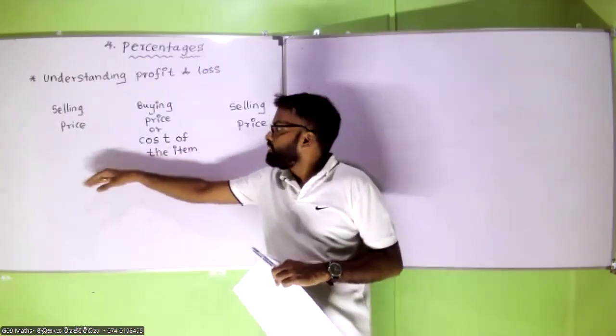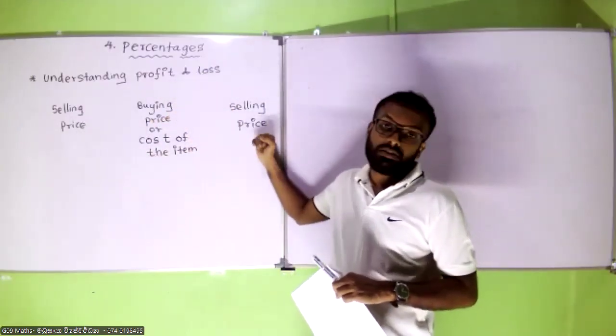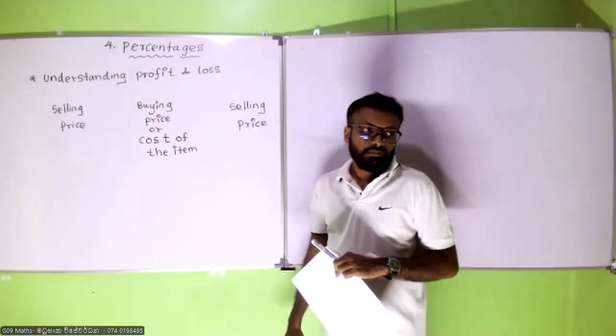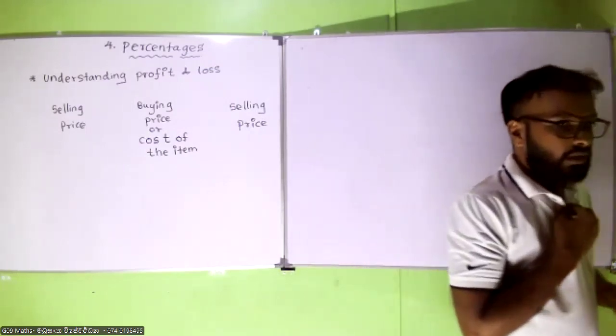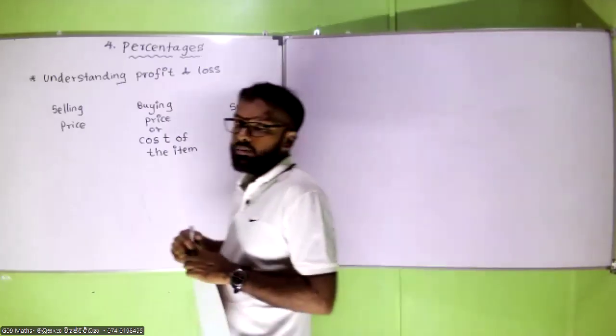Here you have selling price. This is buying price or cost of the item. Then again selling price. Now look at the book.